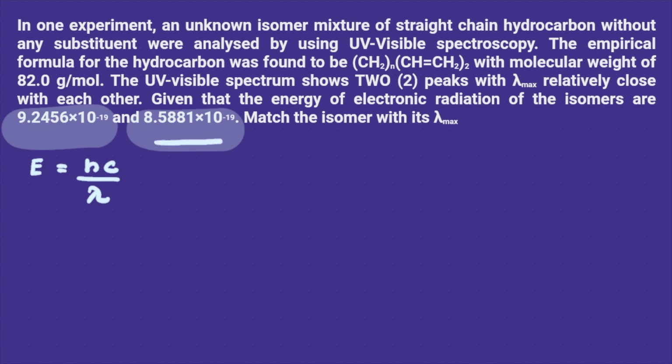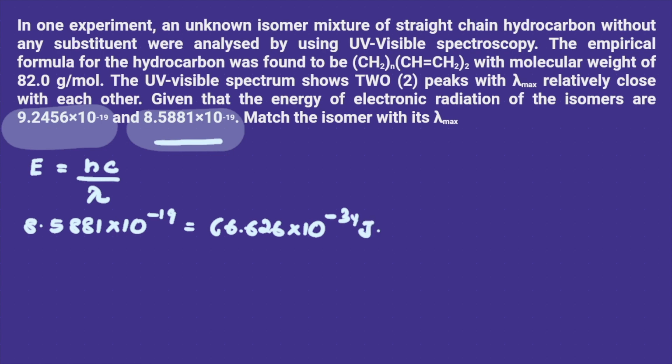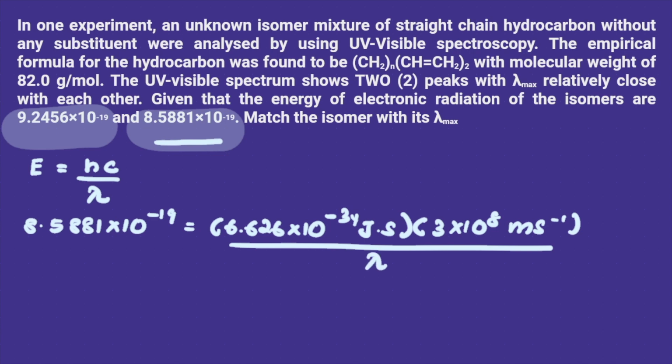So we are going to start with the first one. 8.5881 times 10 to the power of negative 19 is equivalent to 6.626 times 10 to the power of negative 34 joule second times the speed of light, 3 times 10 to the power of 8 meters per second, divided by your lambda.